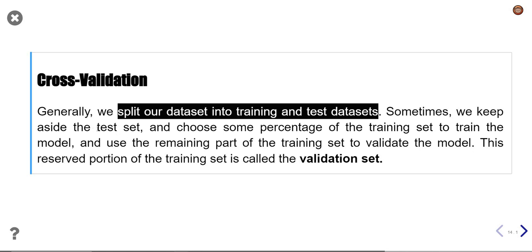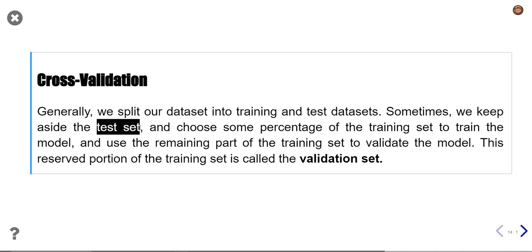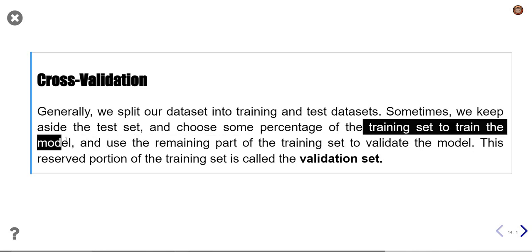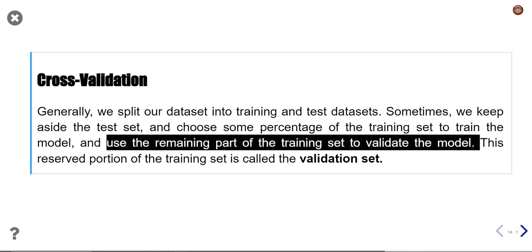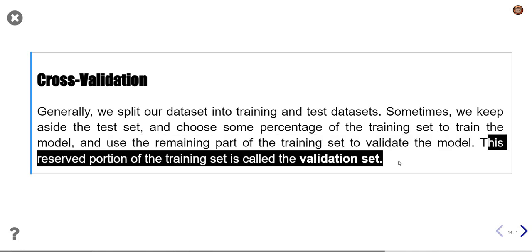We keep aside the test set, that means whatever 30% you keep aside, take the 70% and train the model, and use the remaining part of the training set to validate. This reserved portion of the training set is known as the validation data set. You use it to validate. So these are some of the terms.